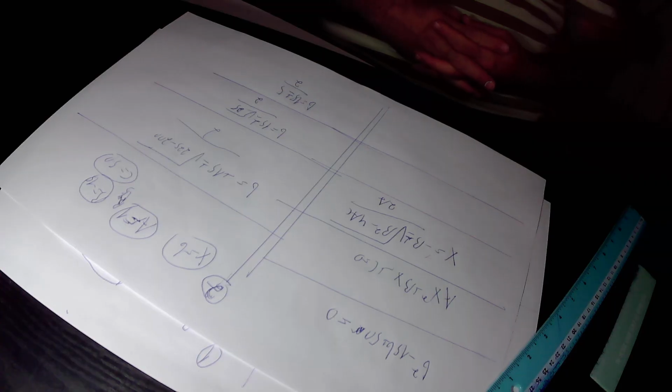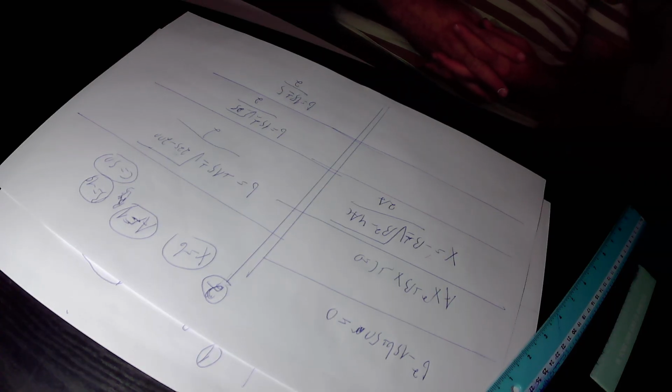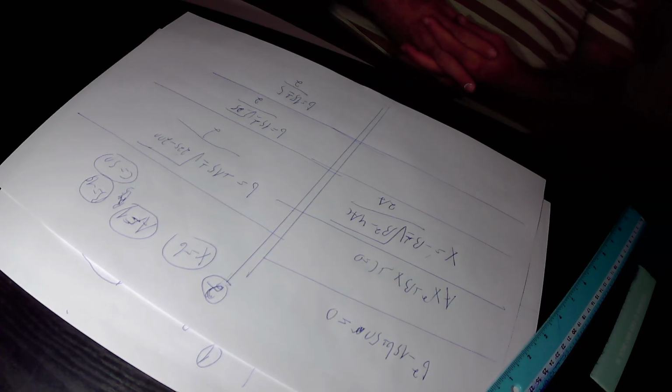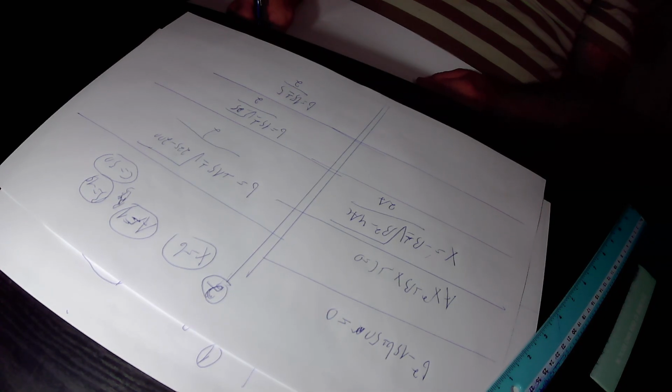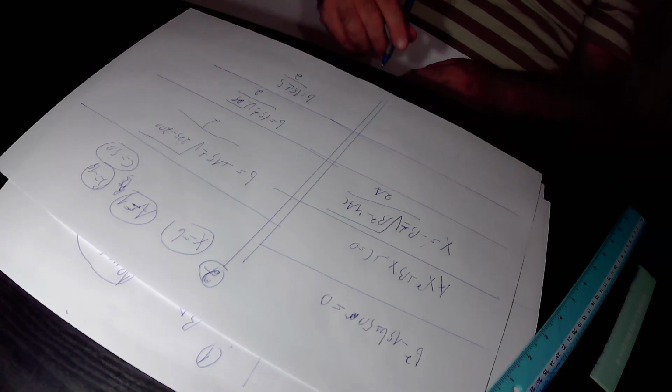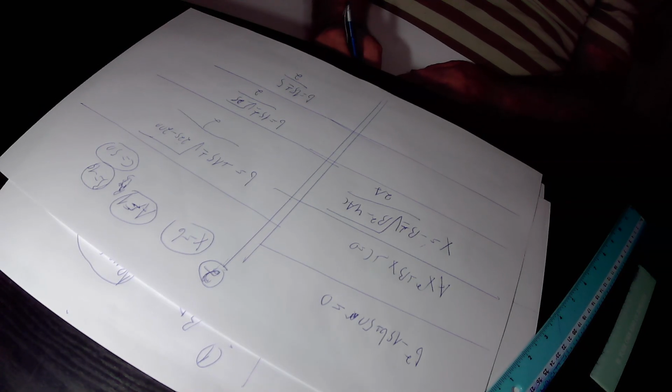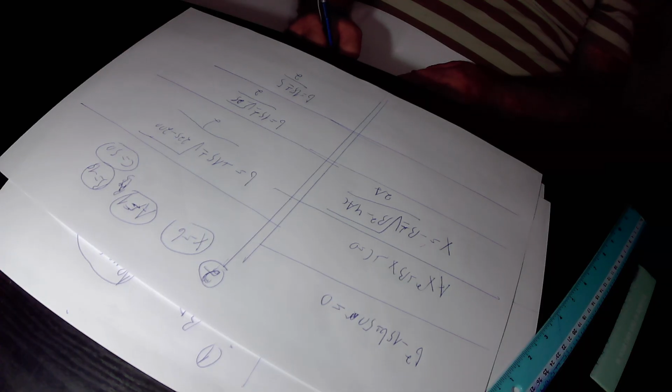We define the first solution for b as b1 and the second solution for b as b2. The first solution b1 equals 15 plus 5 over 2. 15 plus 5 is 20, and 20 over 2 is 10.